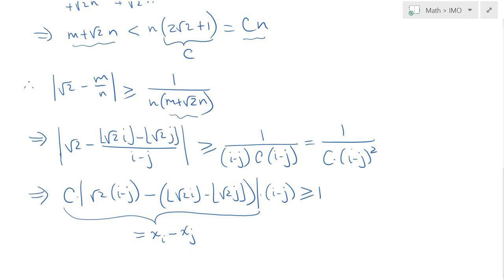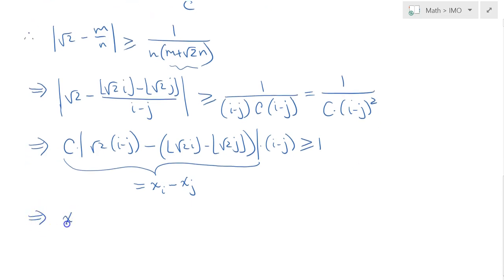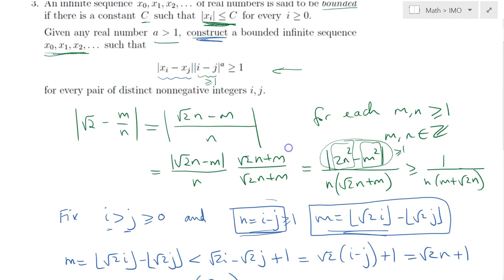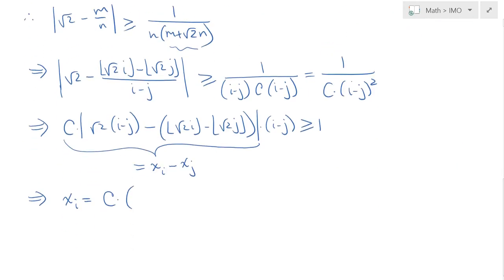As a result, this would imply that x sub i can be defined as c times, because the absolute value is already here, so we are only interested in the interior, so c times square root 2 i minus the floor of square root 2 i, and this would work for any i, so from 0, 1, 2, and so on.